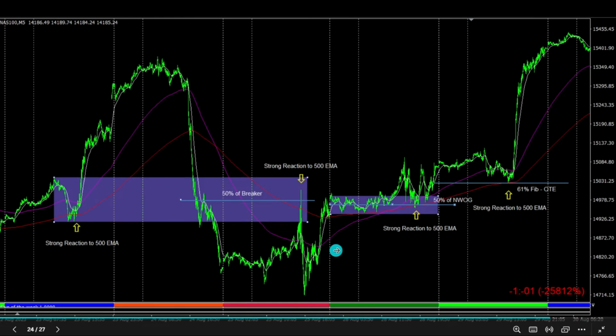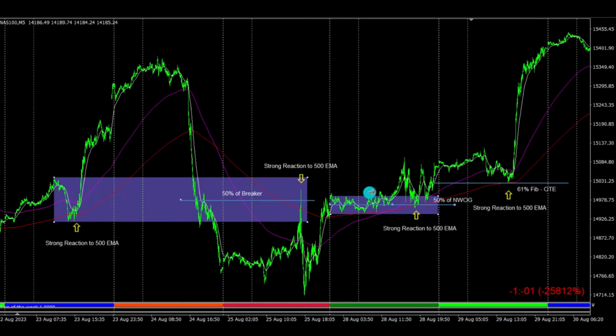Then price came back up, crossed back over the 500 EMA, and then has a break of structure from that initial reaction and comes back down. This measures the new week opening gap, and this is 50% of that new week opening gap.